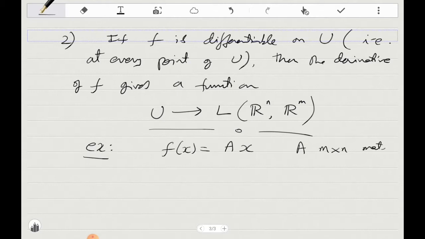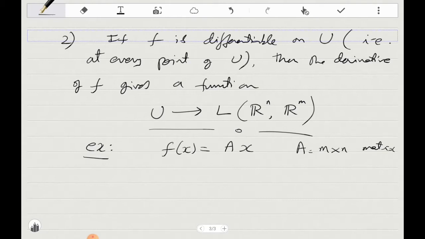We know that every linear transformation from Rn to Rm can be written like this. As in the one variable case, a linear function in one variable is just something of the form f of x equal to cx, where c is a constant. And we know that the derivative is just c. The same thing happens here.